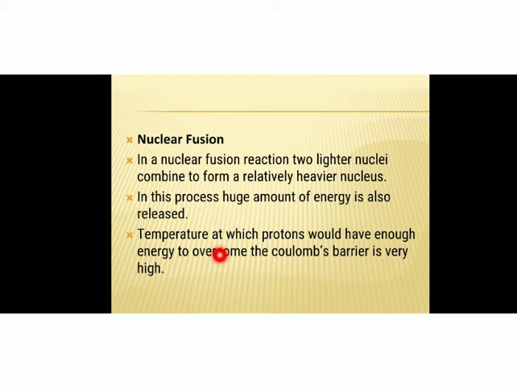We need to create that atmosphere in a lab. Only under such high temperature conditions can the 2 lighter nuclei be combined by overcoming their repulsive force, the Coulomb repulsion.